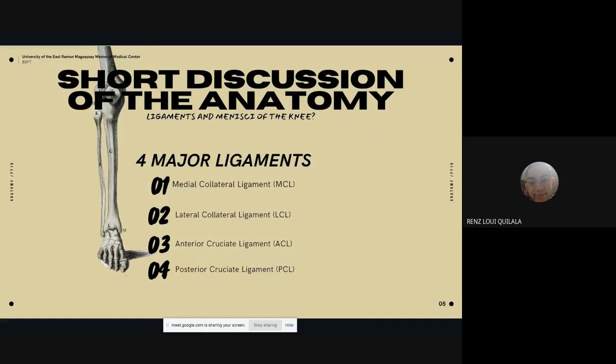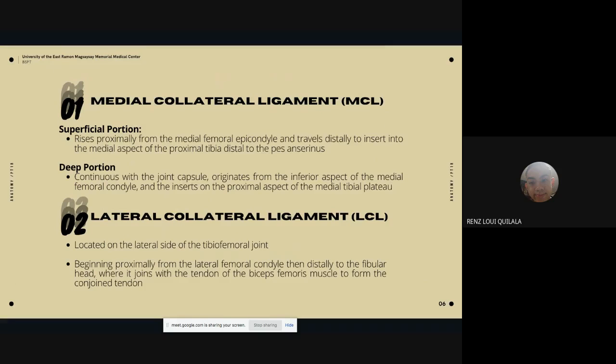So we have the four major ligaments, the MCL, LCL, ACL, and PCL. The medial collateral ligament is divided into two portions, superficial and deep. The superficial portion arises proximally from the medial femoral epicondyle and travels distally to insert into the medial aspect of the proximal tibia distal to the pes anserinus.